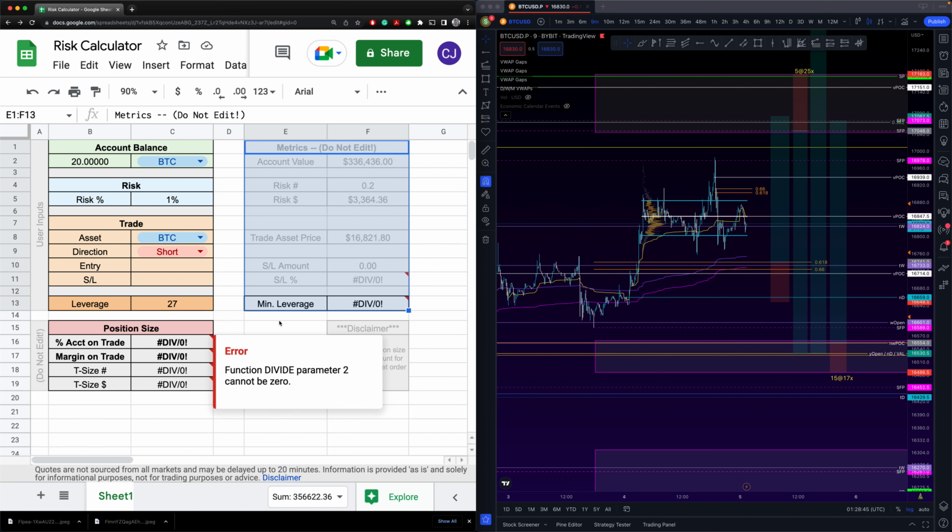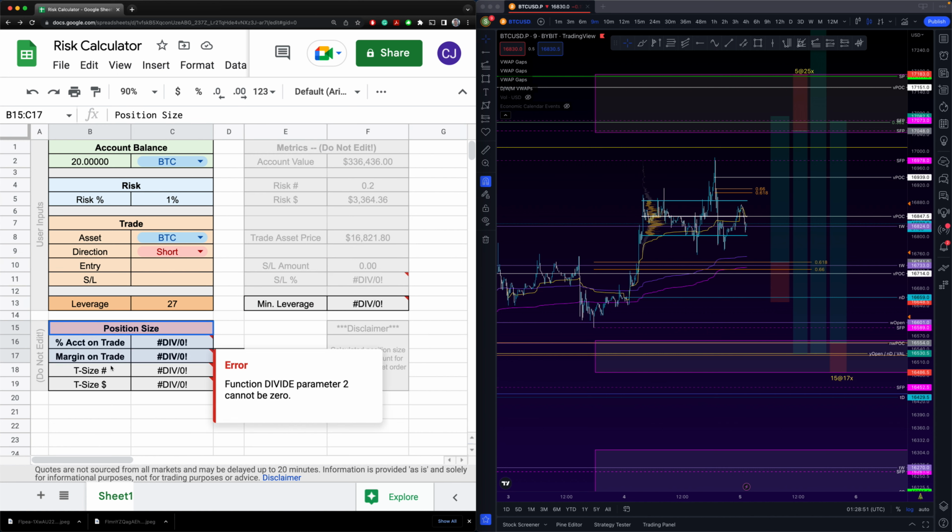So you will never need to edit anything over here on the right as well as on the bottom left. So let's just go through this one by one.